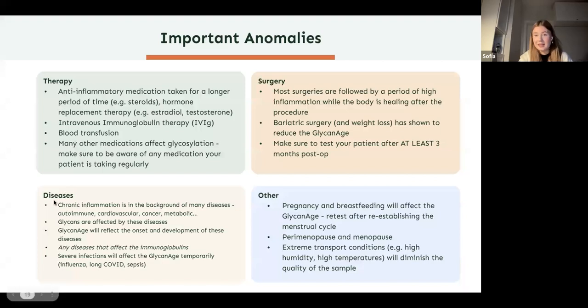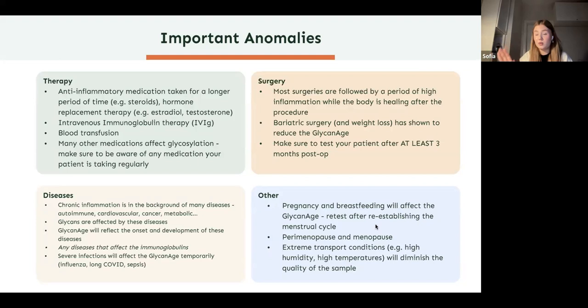Also, what we mentioned, diseases are going to impact your GlycanAge, but this is what we want. We want GlycanAge to be able to tell you what diseases your patient either has or what diseases your patient is moving towards. So here you can see all of the diseases, and we'll talk about it a bit later. And other, we've mentioned already, pregnancy and breastfeeding.